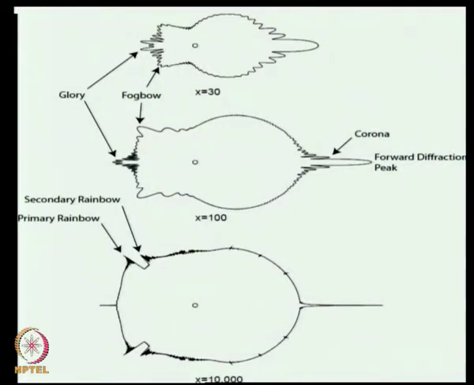That is scattering in which the particle dimensions are much larger than the wavelength of light. In this case, we are talking about visible light, so 0.4 to 0.7 micron, while the size of the raindrop is of the order of 1000 microns. So, you see a ratio of the order of 10,000 here, which is necessary to get this. If you have only, say, 30, you will get glory and corona, but you will not get the distinct rainbow structures.